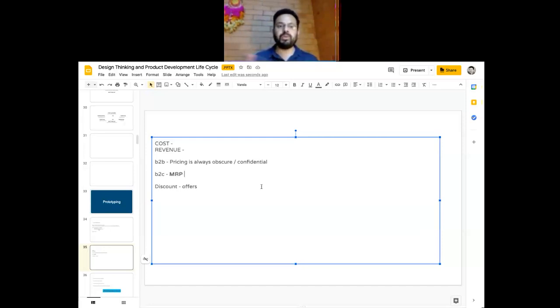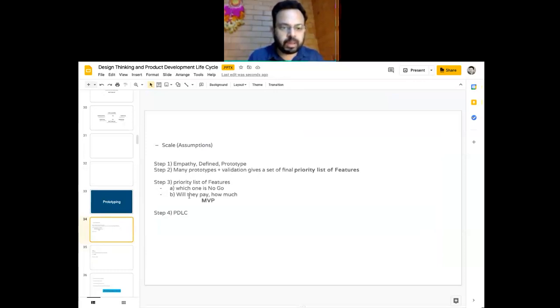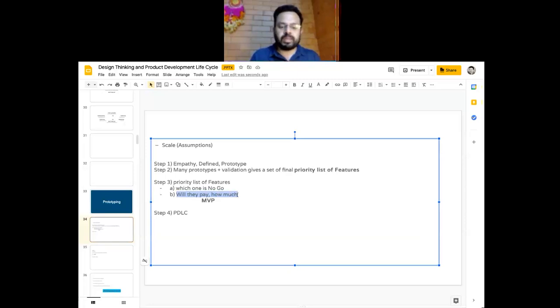So how do you determine this price? Like for Dev or anybody who was asking that question already, the MRP is determined by what we were talking about in the previous slide: how many will they pay and how much. This question is something that you need to continuously keep asking and answering. And there is a hint for that.